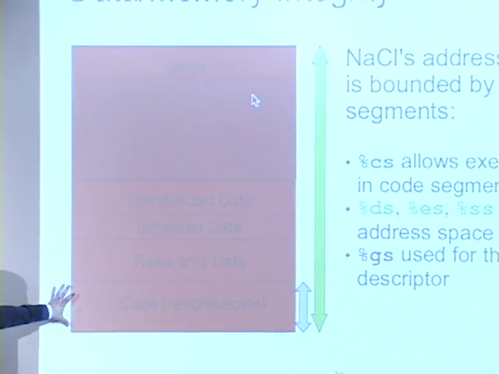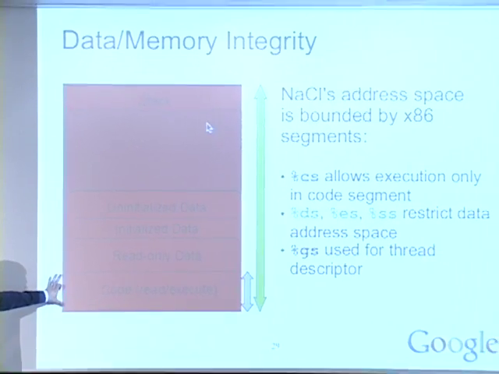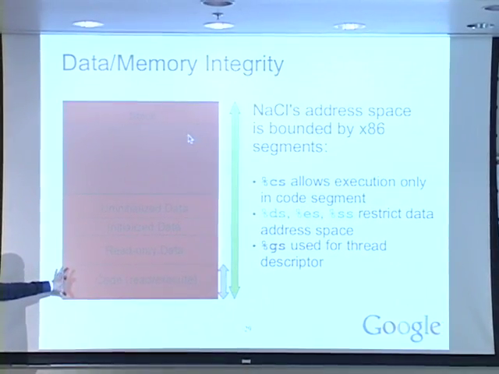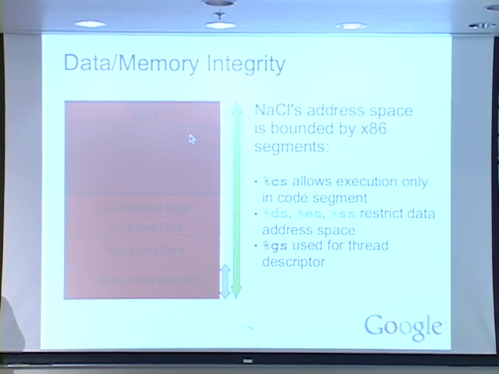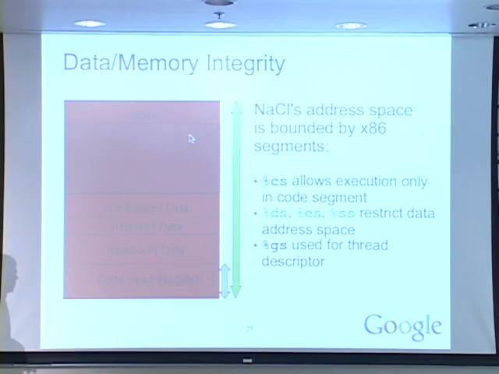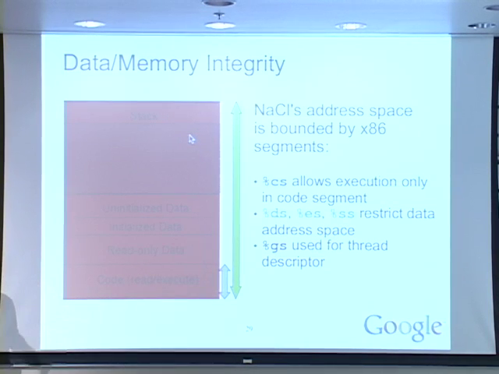So let's first talk about segments in a little bit more detail. The native client address space, the address space that an untrusted module can use, is bounded by x86 segments. In particular, the code segment is controlled by the CS segment register, and we're just going to set it to exactly the code that has been downloaded and checked by the native client system, and not let any execution happen anyplace else.